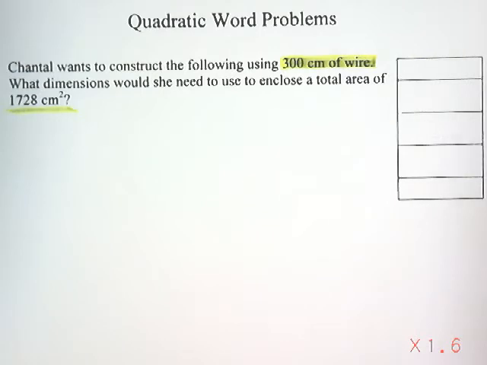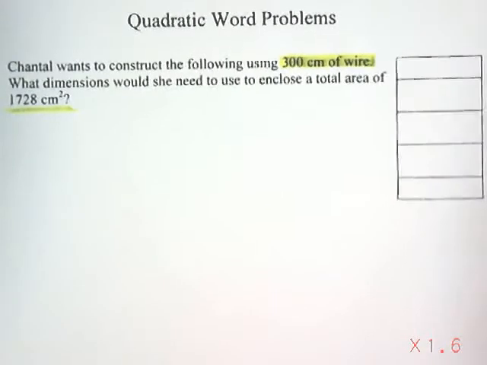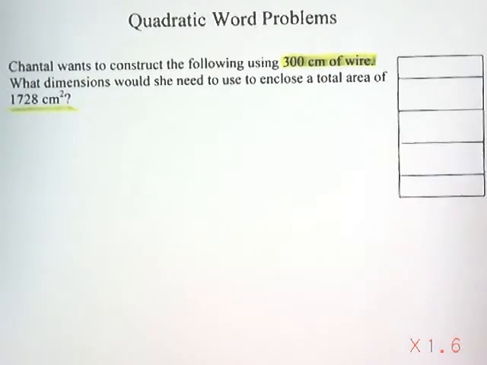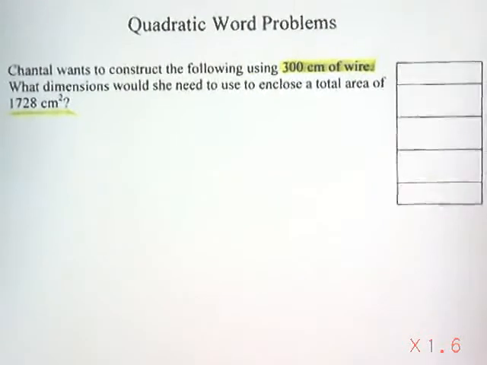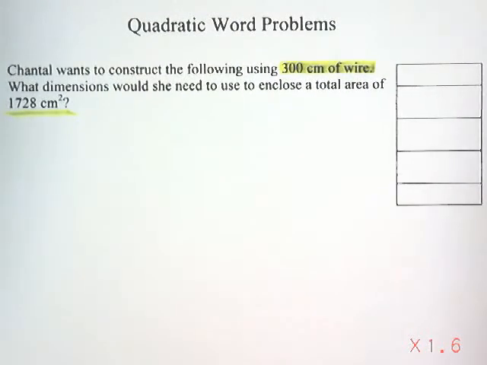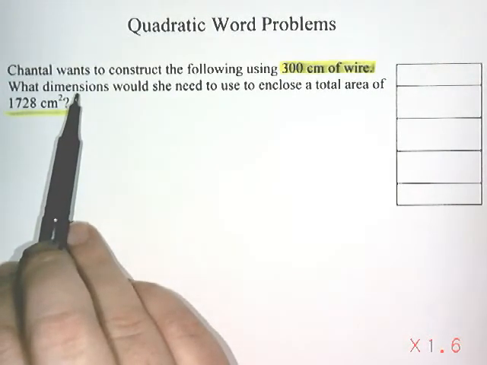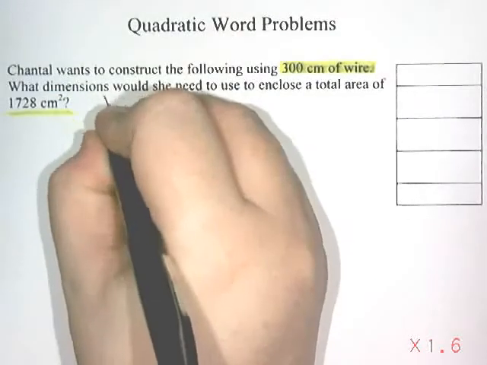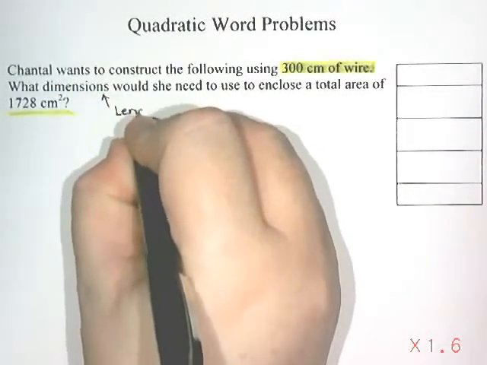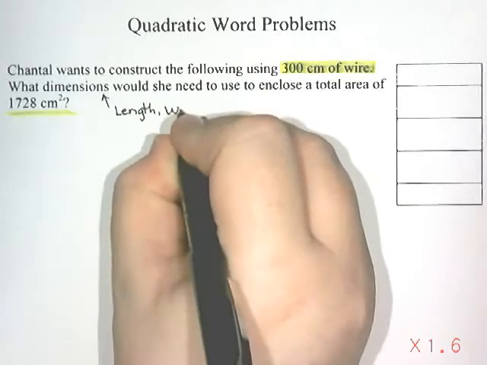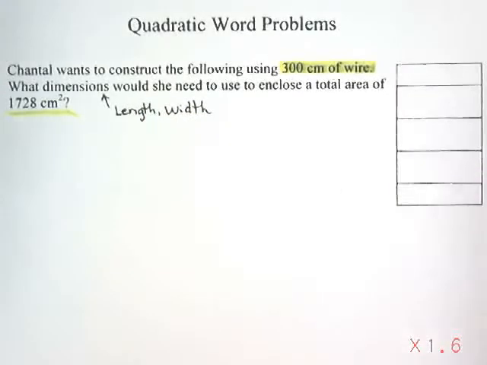So when we're doing a word problem, the first thing we need to do is start with x. We need to let x be something in our question, and then we try to figure out what our second thing is. So in this question, it is asking about dimensions, and dimensions mean length and width. So I'm going to let one of the things, either length or width, be x, and then we will try to find an expression for the other part.